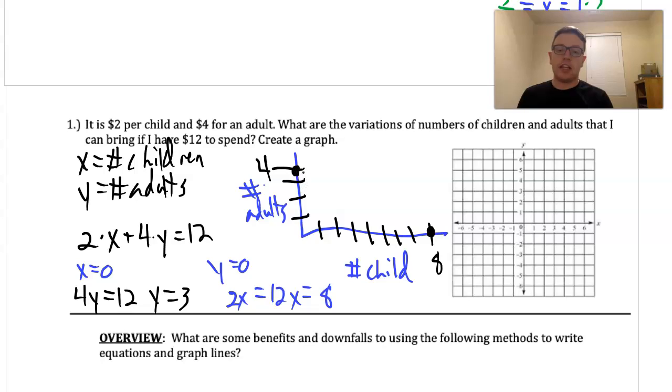We can choose anything on this line. If we go to here, that looks like a point that might be on the line. We could bring that number in. So this is why it's useful.